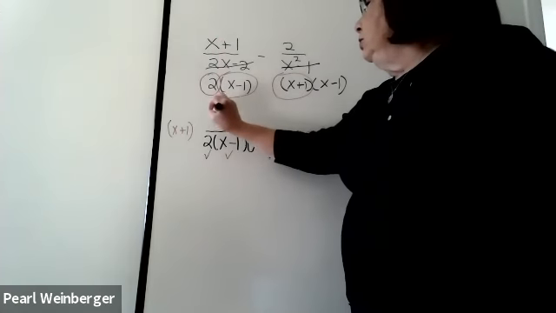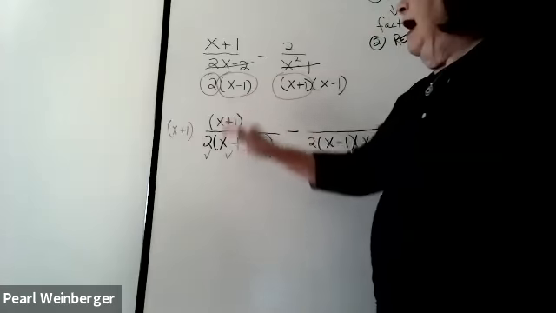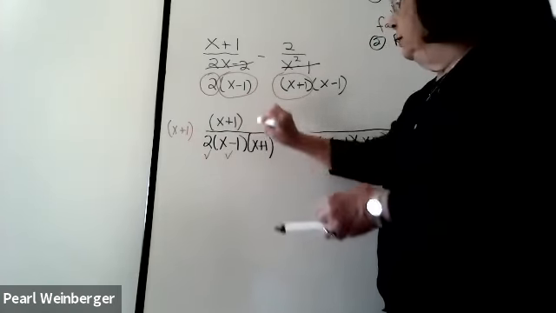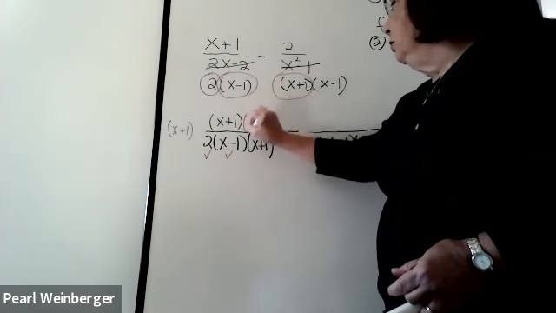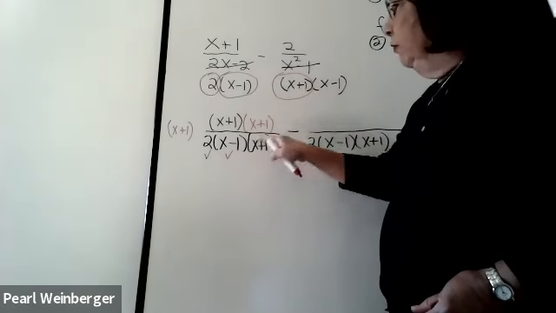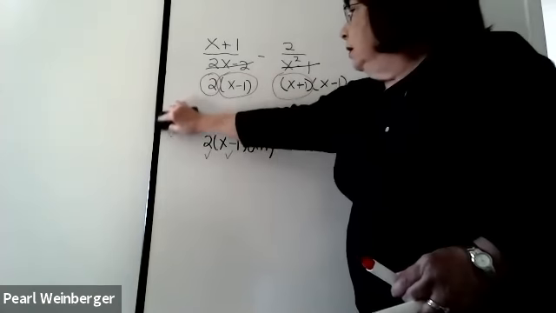So here's my original numerator, x plus 1. I have to multiply it by this other x plus 1. I'm going to put it in red so you'll see. This is the new factor that wasn't there before. That's what I have to multiply that by. Okay.